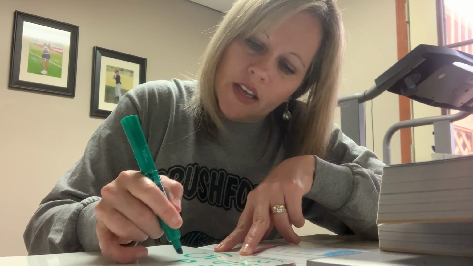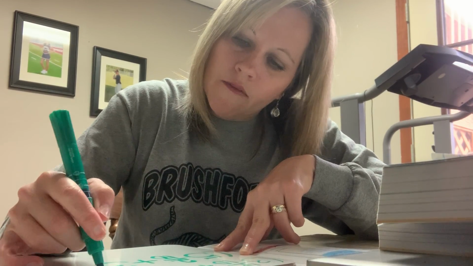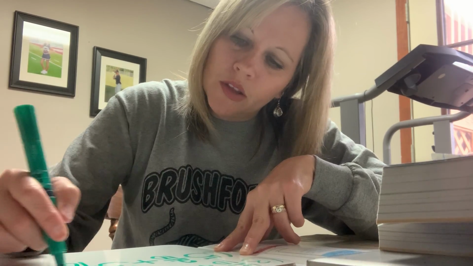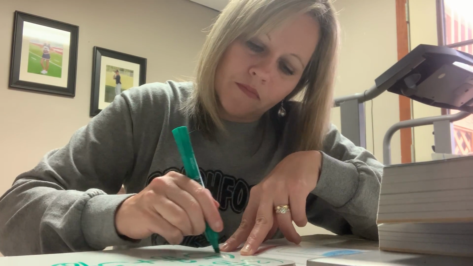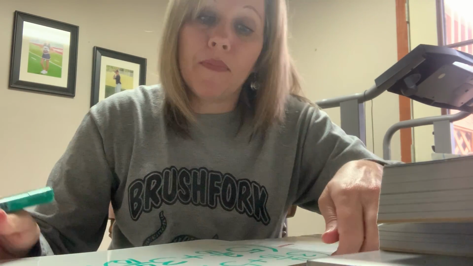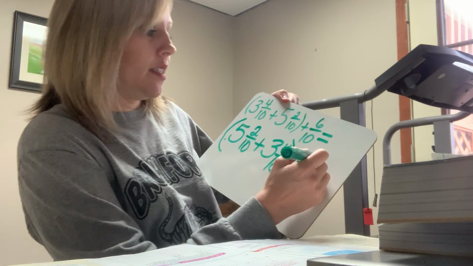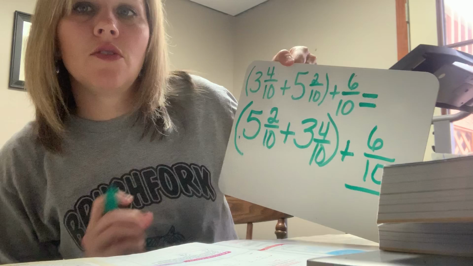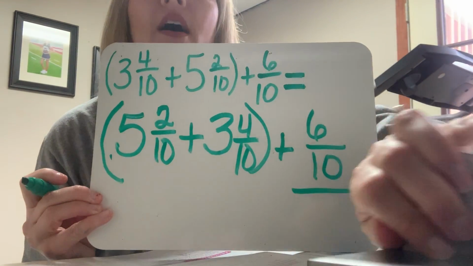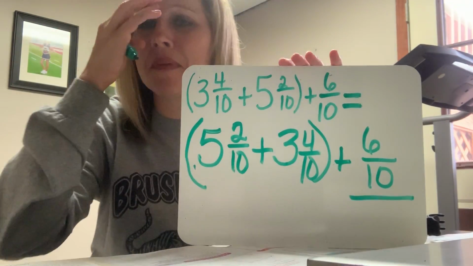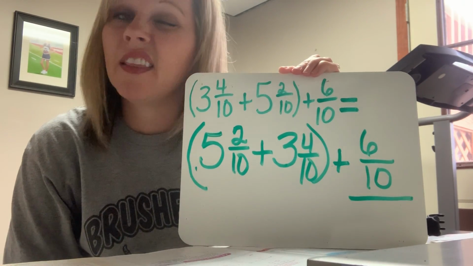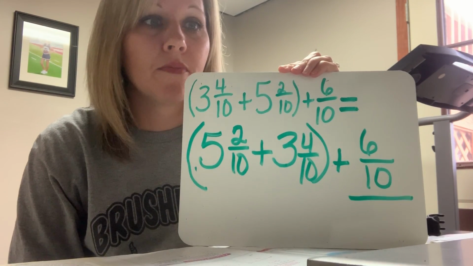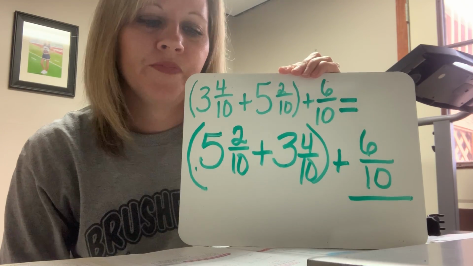I'm going to put 5 2/10 plus 3 4/10 together in parentheses, and then plus the blank, which is going to be 6/10. This is a blank right there. Can you follow me? I'm sorry that my board's not big enough, guys. I wish I had the Elmo here at home so I could write this on the page with you, but I don't.